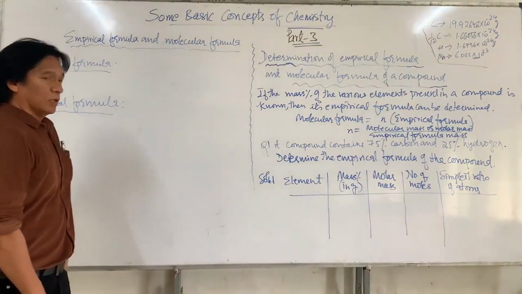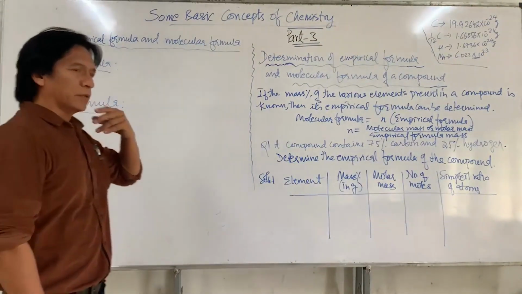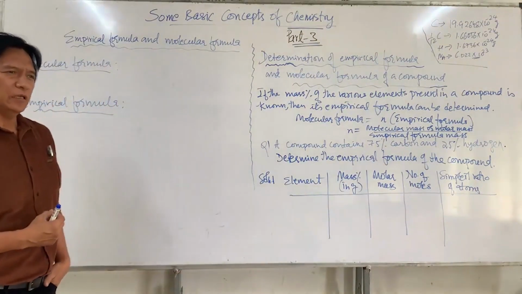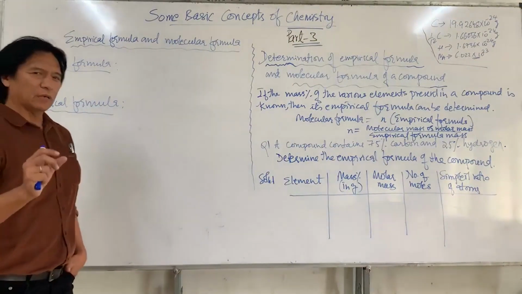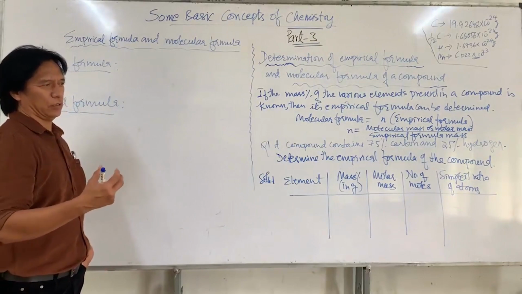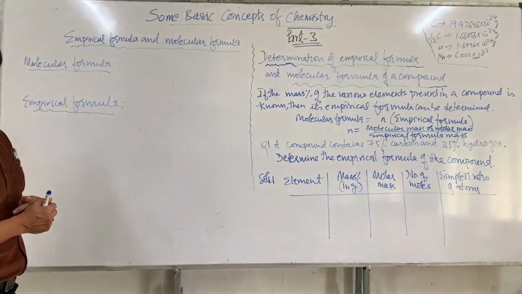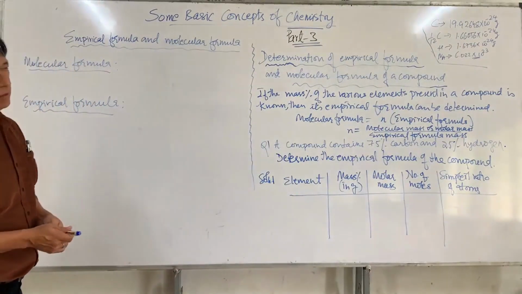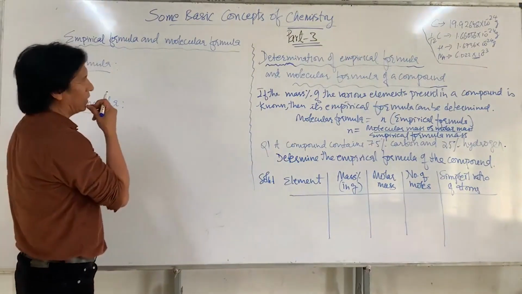Now, talking about molecular formula, the molecular formula of a compound represents the exact number of atoms of different elements present in a molecule of the compound. So it shows the exact number of atoms of different elements that are present in a molecule of the compound.